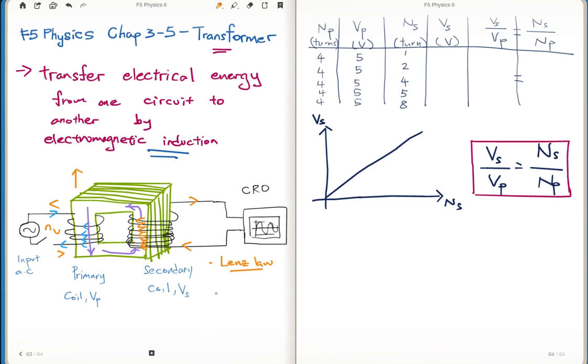So therefore, you have induction, there's a change in magnetic flux, and therefore you have an induced EMF at the secondary coil.